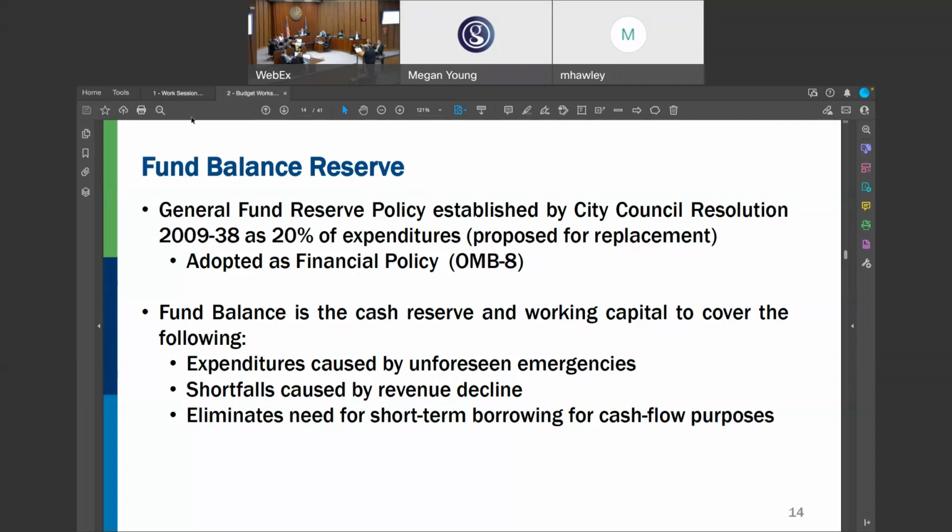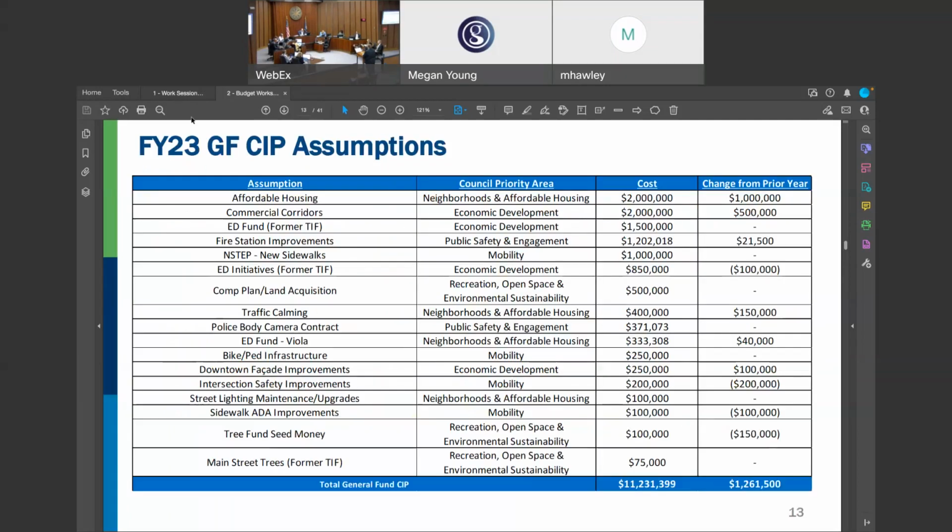One thing about these projects, for the affordable housing, the investment in commercial corridors, the sidewalk in-step program, the traffic calming, first of all, most cities have no such programs in their budgets. We are almost unique. Investments in neighborhoods and corridors. But the other big thing about this, it certainly strikes me, is we look at these amazing revenue numbers of the city of Greenville, no doubt the strongest city budget in South Carolina.